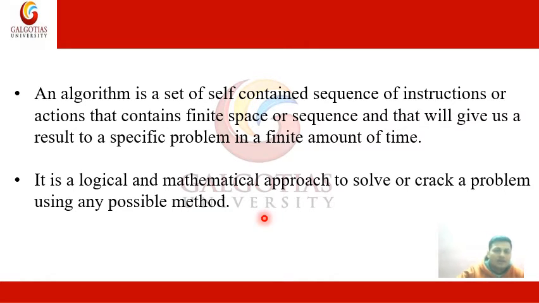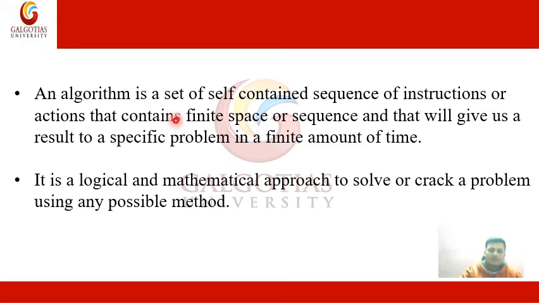So an algorithm is a set of self-contained sequence of instructions or actions that gives us a result to a specific problem in a finite amount of time.